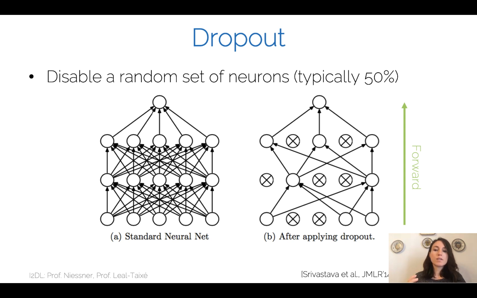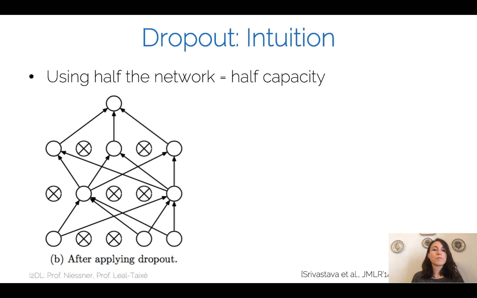All the nodes that have the crosses are the nodes that are not going to be used in the forward pass. So we're taking our standard neural network and reducing its capacity substantially. We are taking out 50% of the neurons, which also means that if we're using half of the capacity, we also have half of the expressiveness.